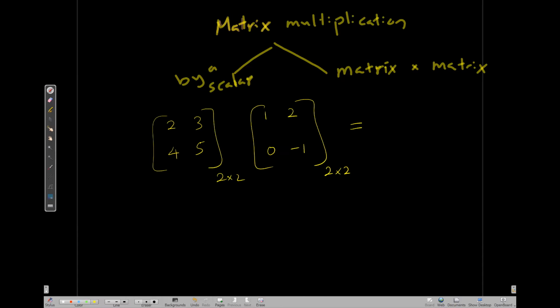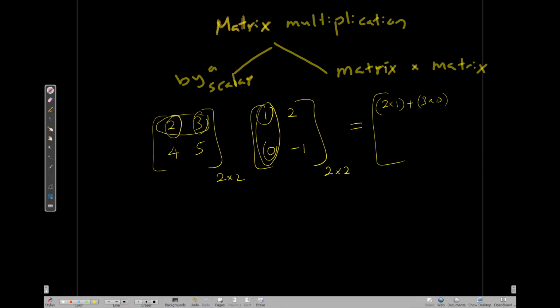So you take the first row of the left hand side matrix and the first column of the right hand side matrix, and you multiply and add term by term. So 2 times 1 plus 3 times 0.